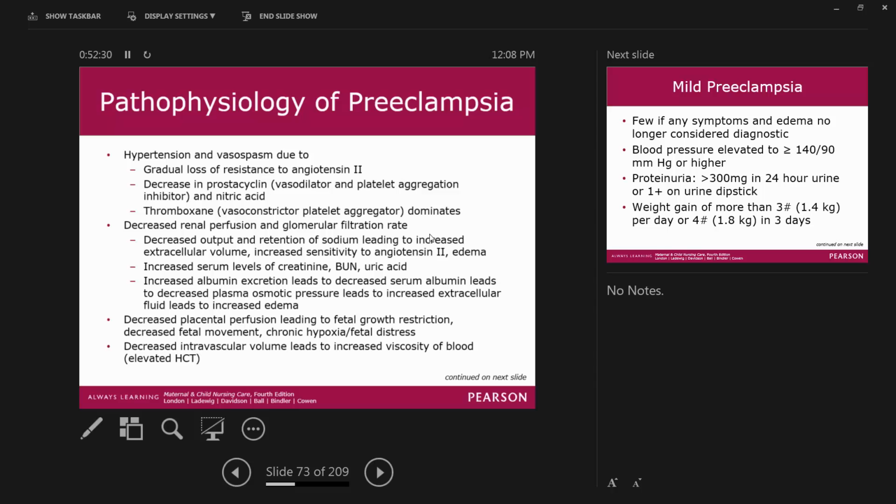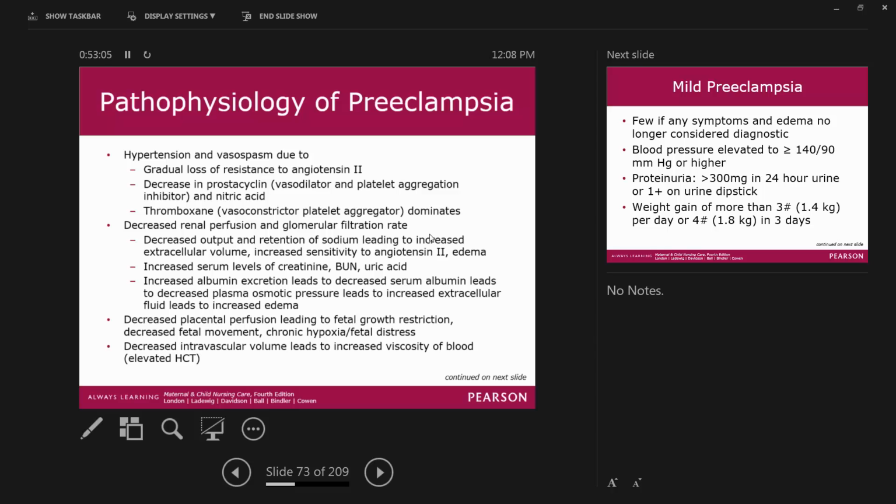We have a decrease in prostacyclin, which is a vasodilator and a platelet aggregator inhibitor, and then thromboxane, which is a vasoconstrictor and platelet aggregator, dominates.